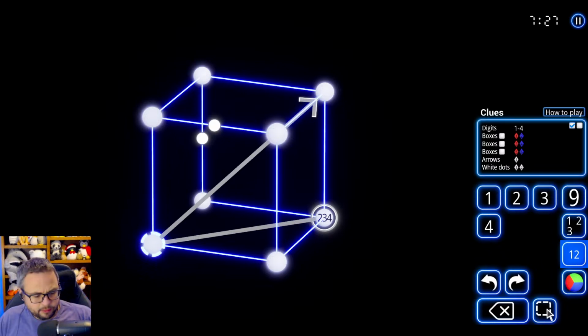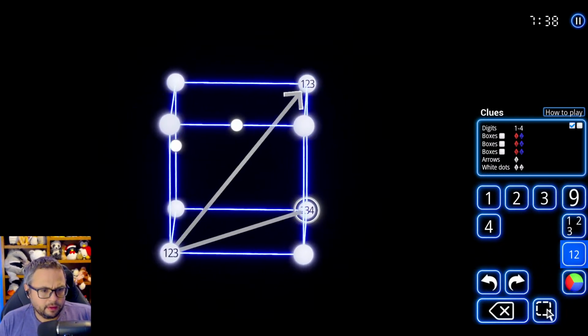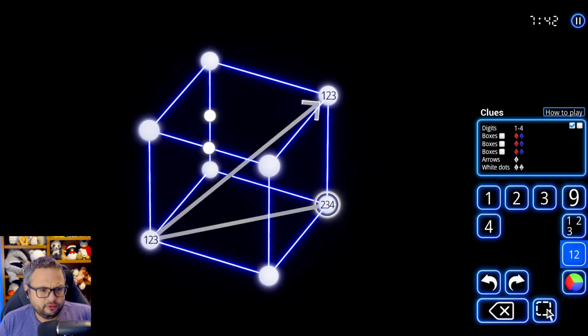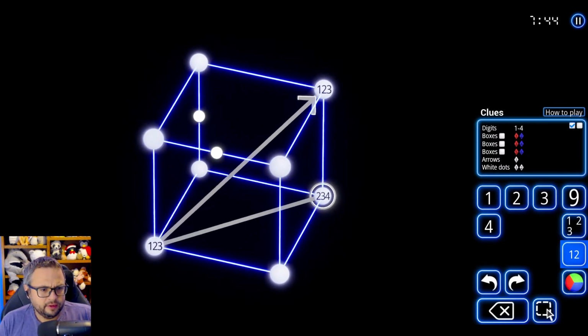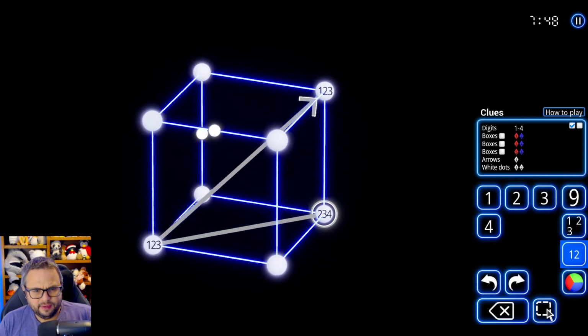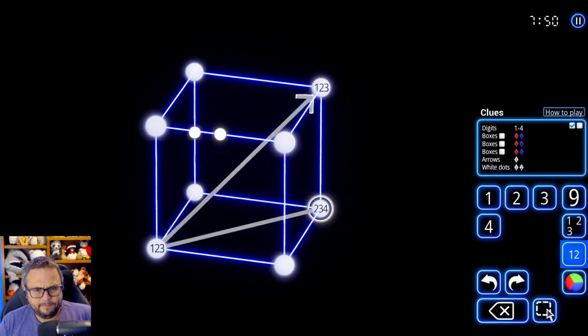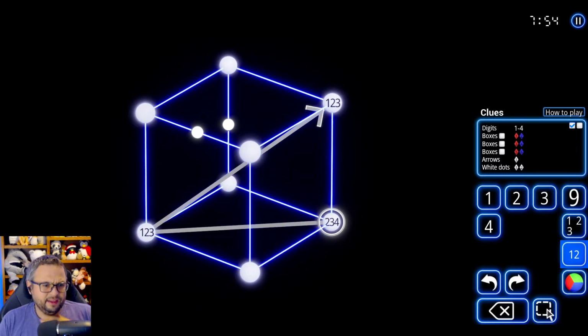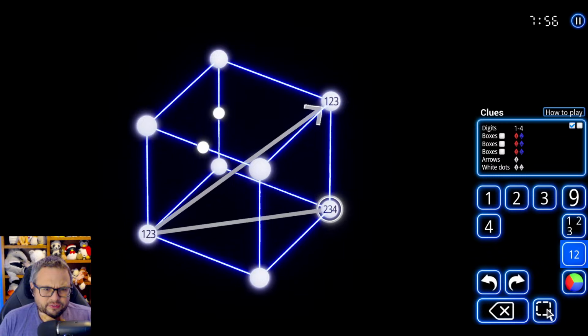These are certainly both from 1, 2, 3. Let's see if I can intelligently multi-select. I can. Both dots see both arrow cells. Yes, okay.